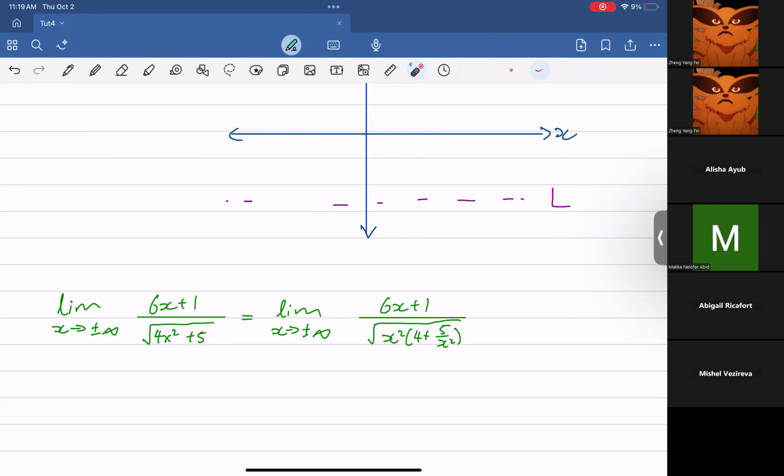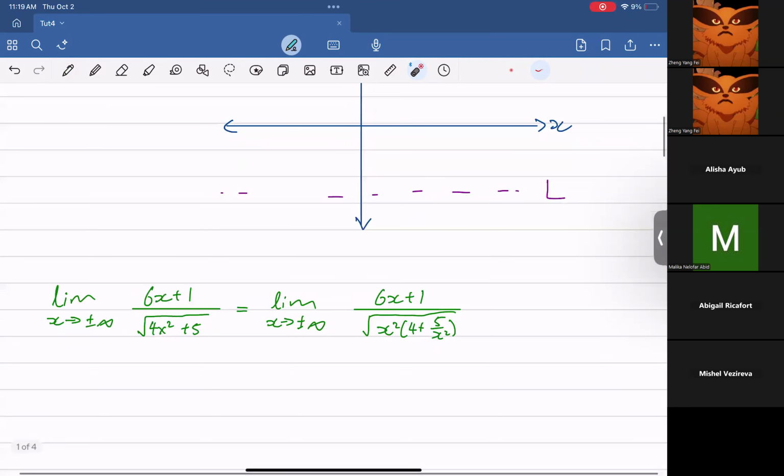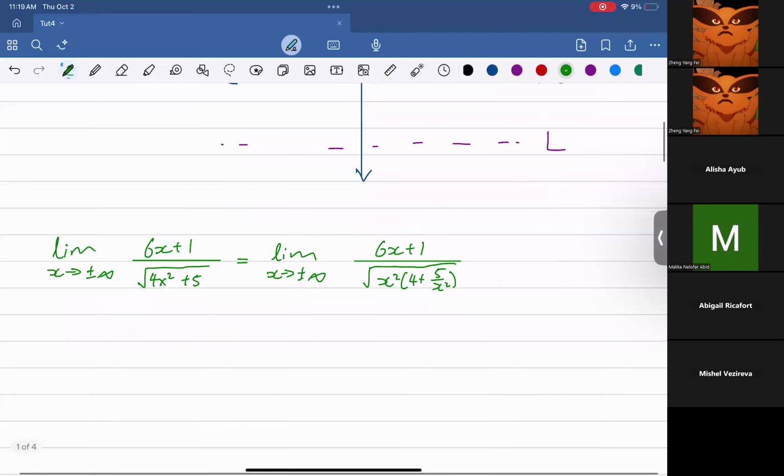Now what I'm going to do with this is try to pull this x squared out. Here I'm going to use the fact that the square root of x squared equals the absolute value of x, and not just x, right?